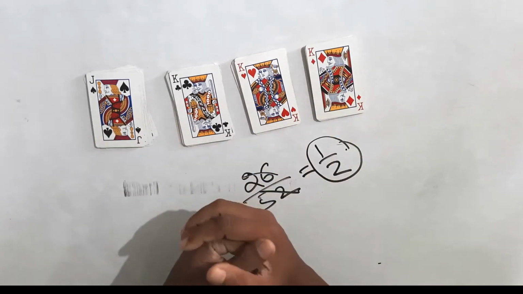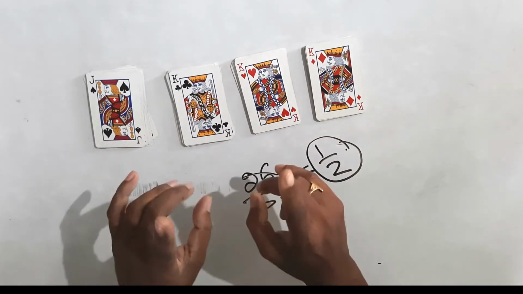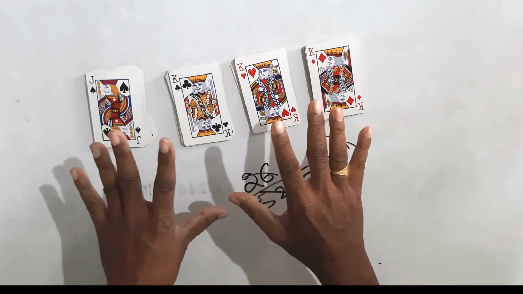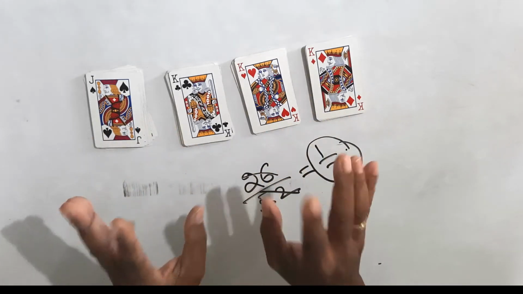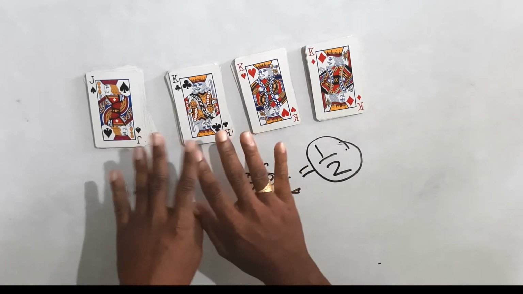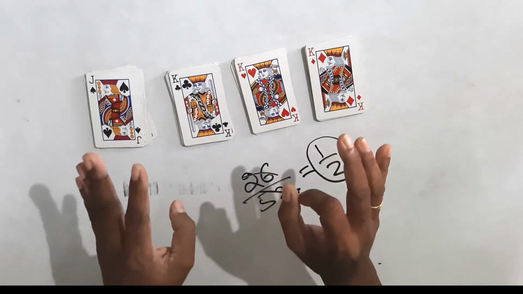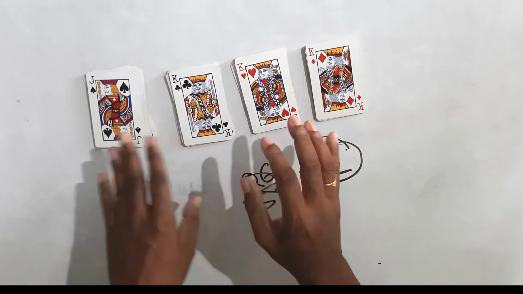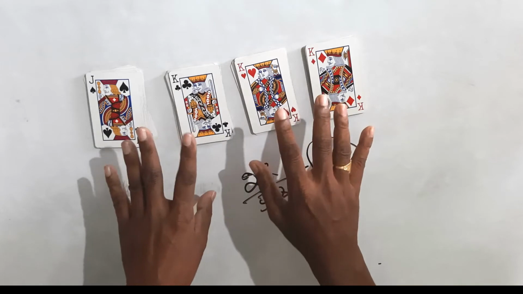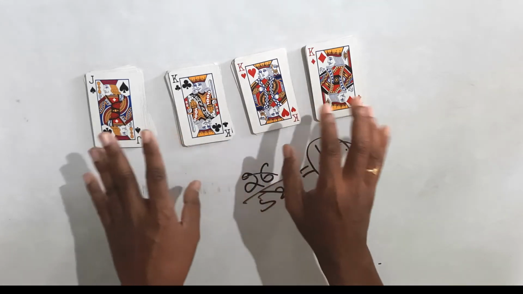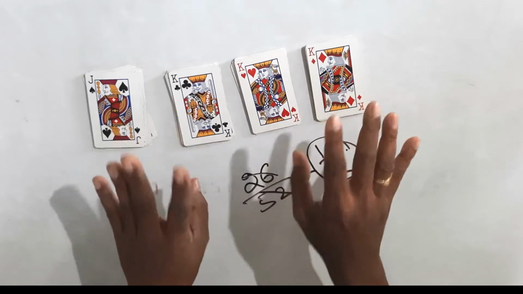Now if a question is asked, if a boy is allowed to pick one card randomly from a pack of 52 cards, then what is the probability of getting a face card? If he is interested in finding a face card, then how many cards are there? There are 12 face cards. So he may choose any of the face cards in 12 different ways.